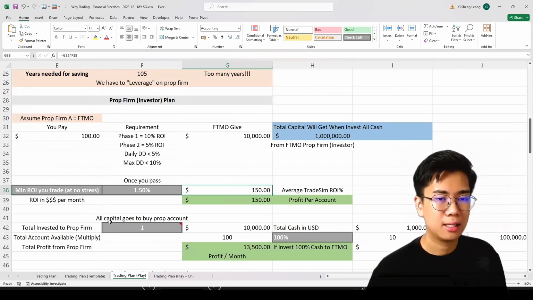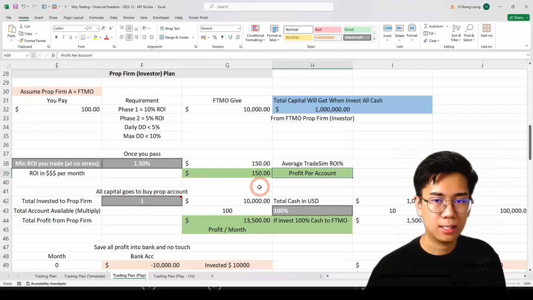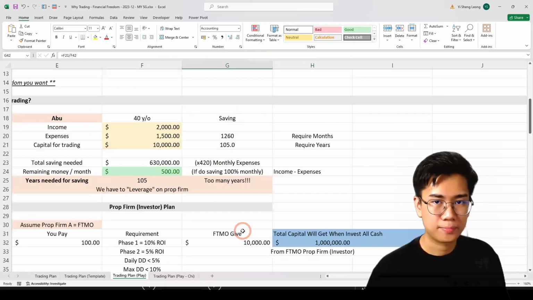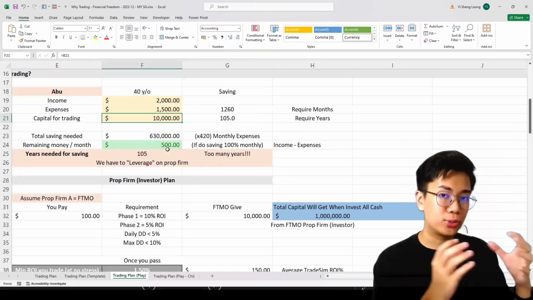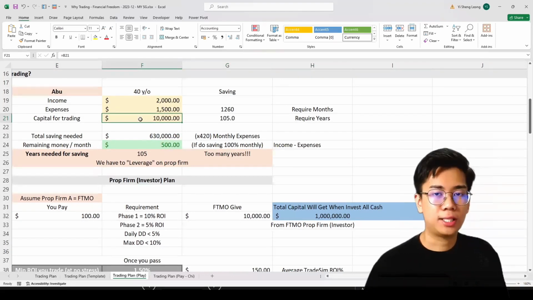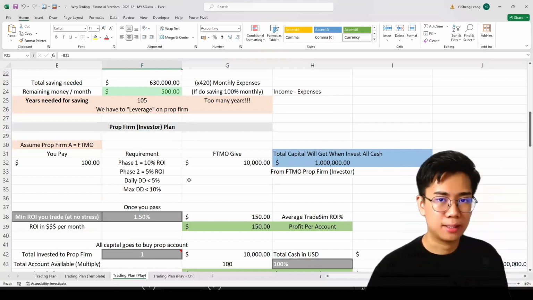Now, the total capital that you invested is this amount. These are all the capital that initially you want to use to trade. No more. Let's change the contract a little bit.